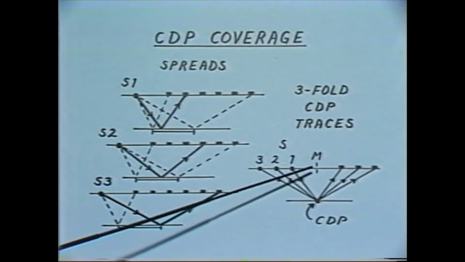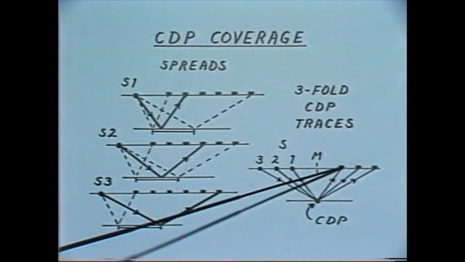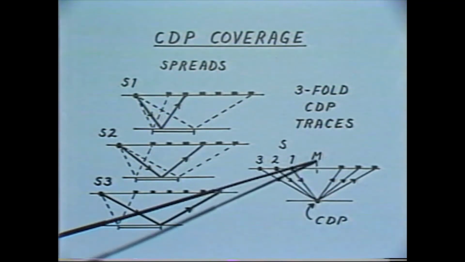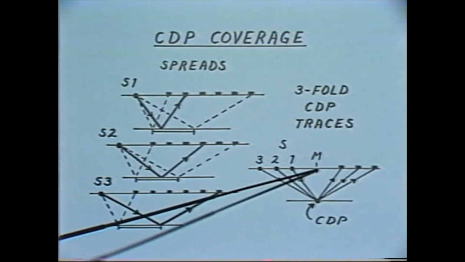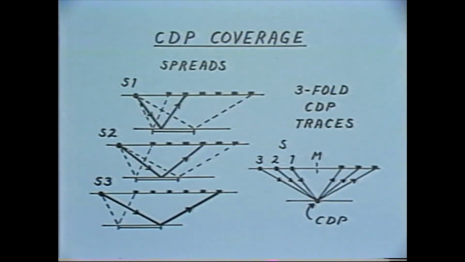Another common feature of this set of traces is that the source and receiver for each trace is centered on the same point, what is called a common midpoint for this set of traces. And in fact, this is really the characteristic which defines what are often called common depth point traces.